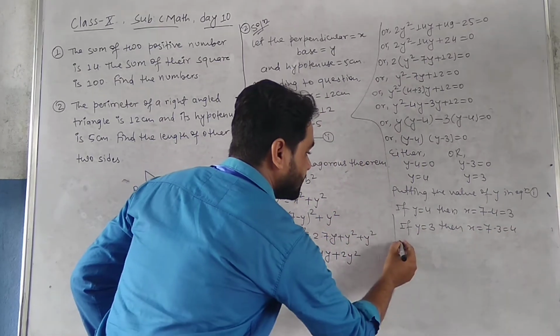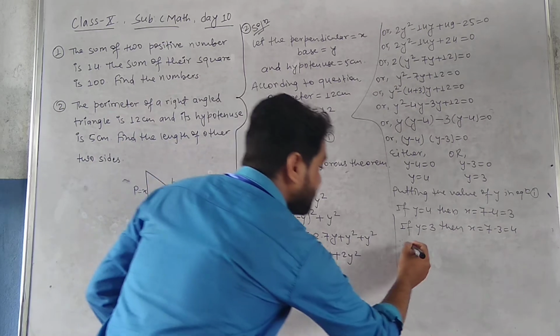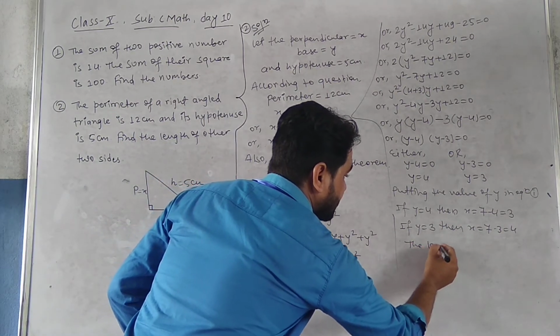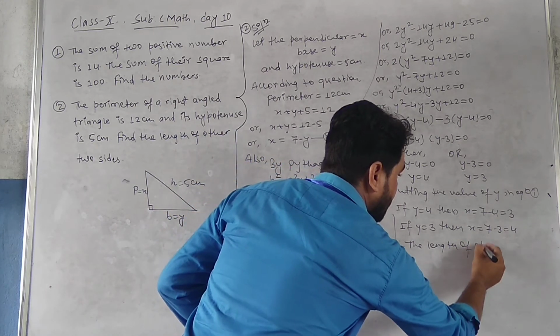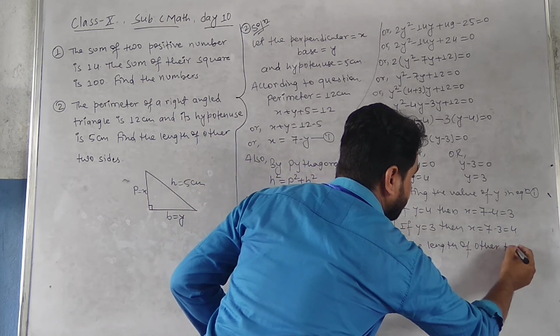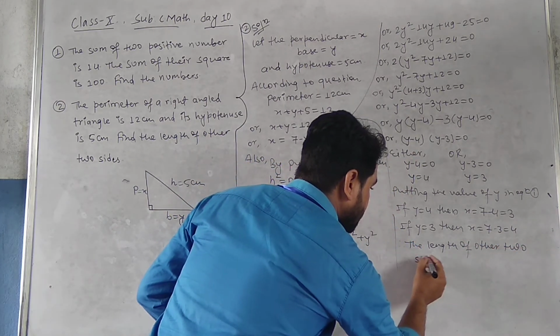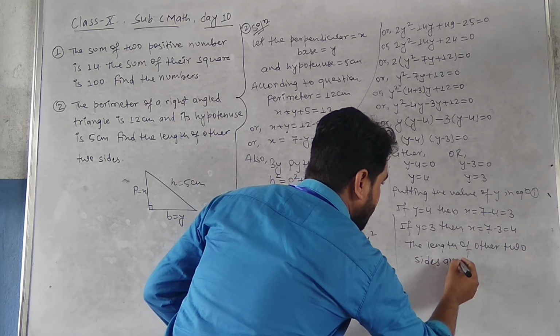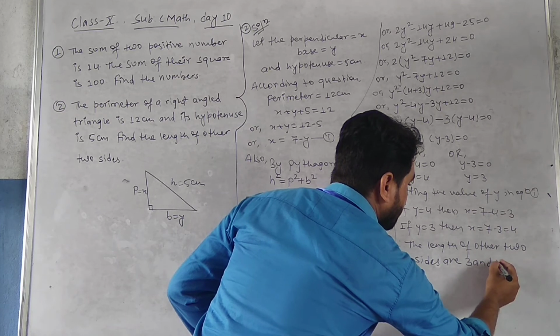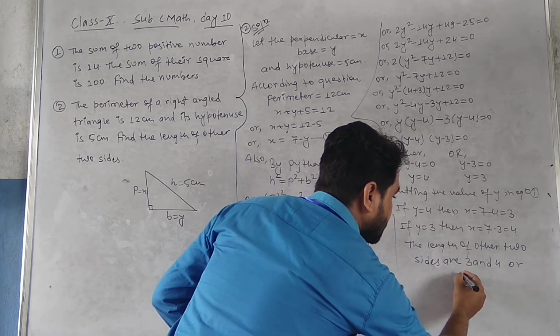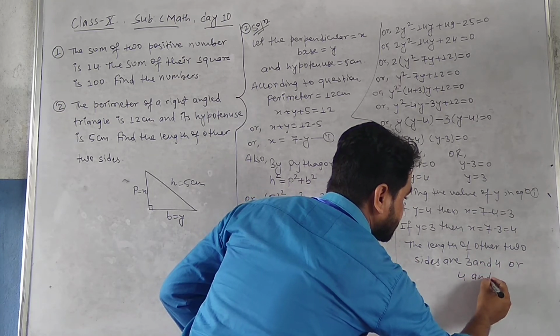So the lengths of the other two sides are 3 and 4, or 4 and 3.